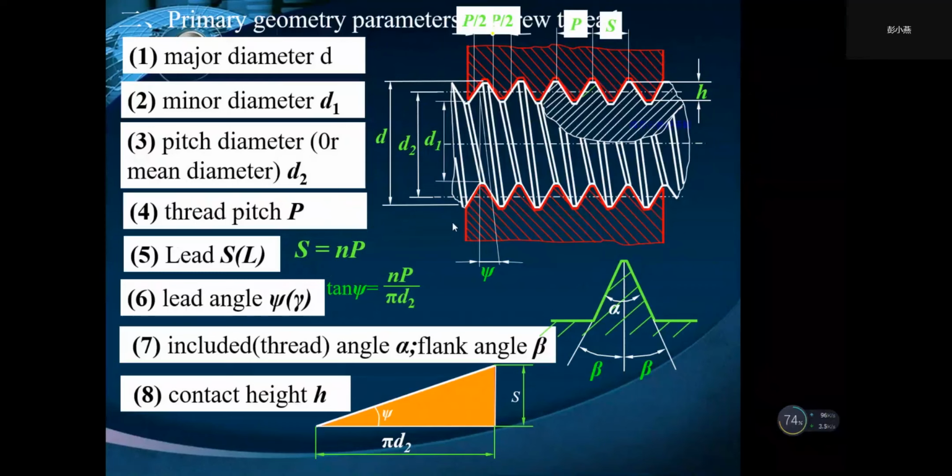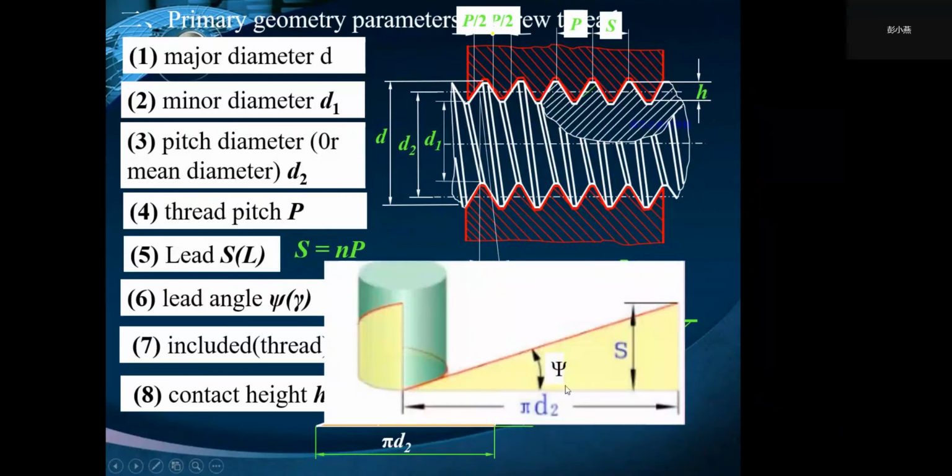Okay, and lead angle and thread angle, and contact height, the radial distance between minor diameter and major diameter. Okay, this is for the lead angle.